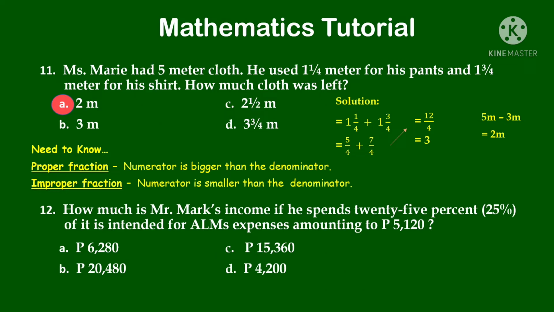So you are going to use the percentage formula. Here is the solution. The whole is equivalent to 5,120 divided by 0.25. The whole equals 20,480. So the correct answer is letter B.